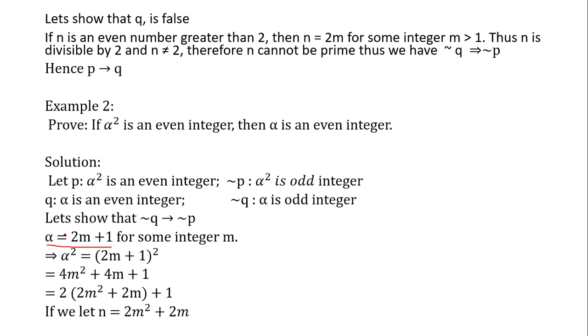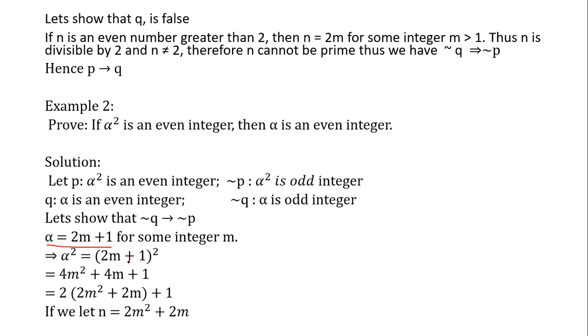Now our alpha here is 2m plus 1. Therefore, what will be alpha squared? Alpha squared means 2m plus 1 times 2m plus 1, which is the same as 2m plus 1 all squared. Don't forget our alpha is 2m plus 1 for odd integers.